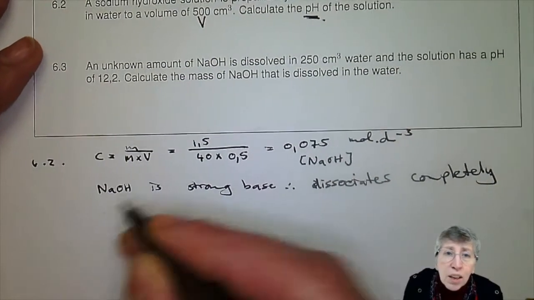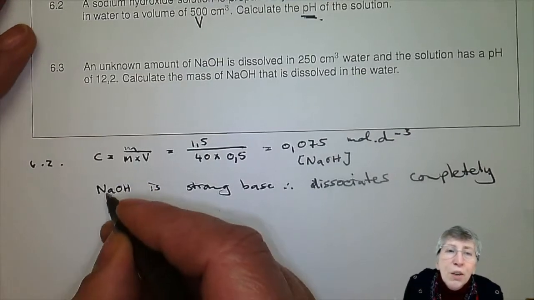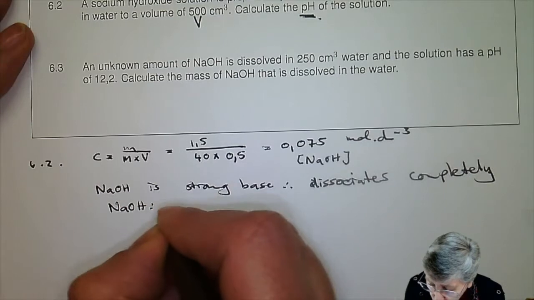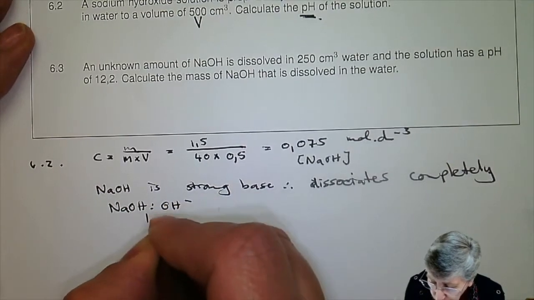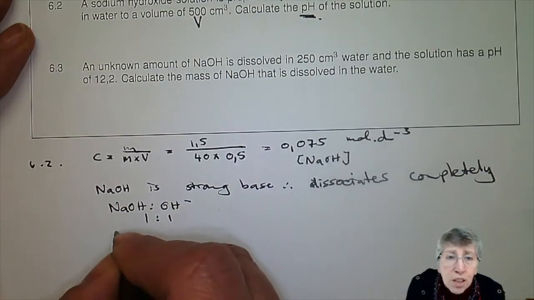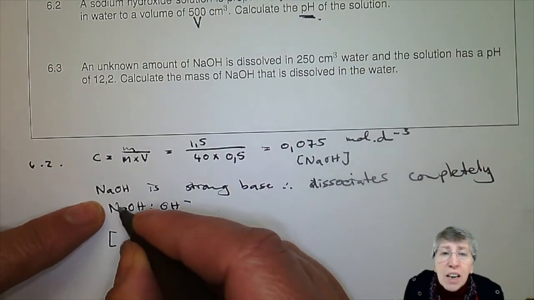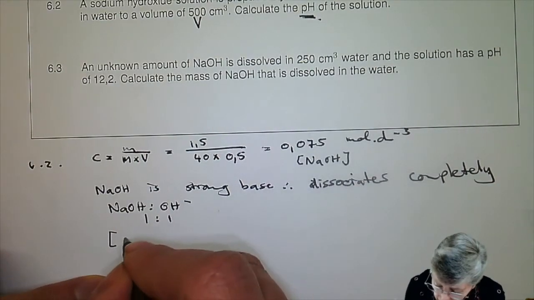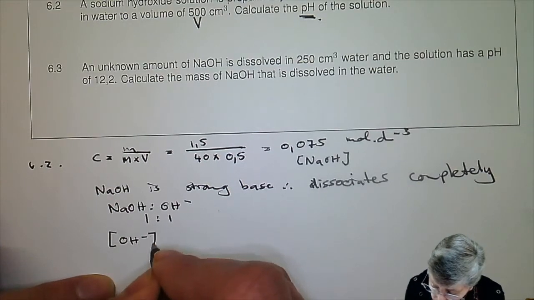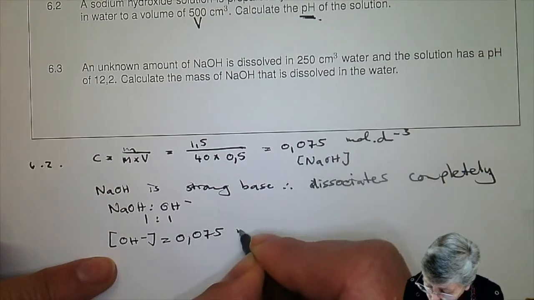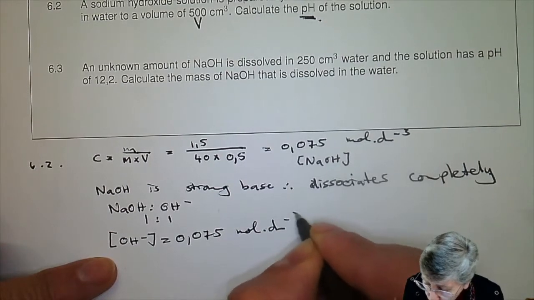Every single formula unit will react. And what do I know? Every NaOH will give me one OH minus. They're in the ratio 1:1. So immediately, if I have the NaOH and everyone is producing one OH, it means the OH minus concentration is the same. It's also 0.075 moles per cubic decimeter.